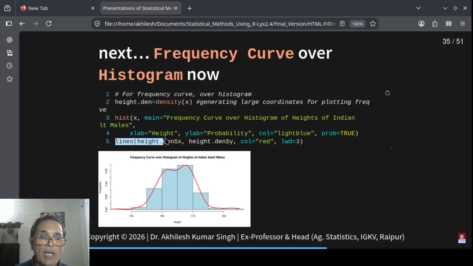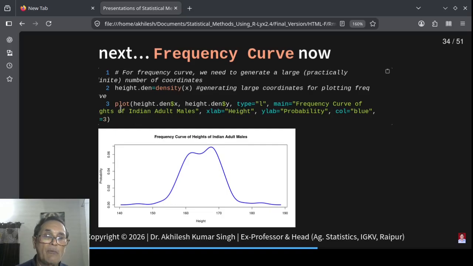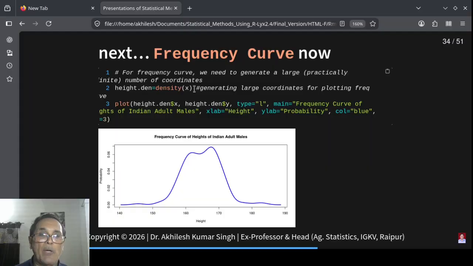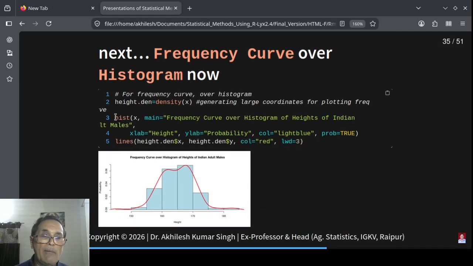Next we apply the lines command. Remember, in this we again give height$x and height$y as the coordinate values of x and y. Color red, just to differentiate. Remember, in the previous plot we used only the high-level function, because we didn't need any low-level plotting. Here we need both the high-level hist and the low-level frequency curve in the form of lines. So this is how we do it.